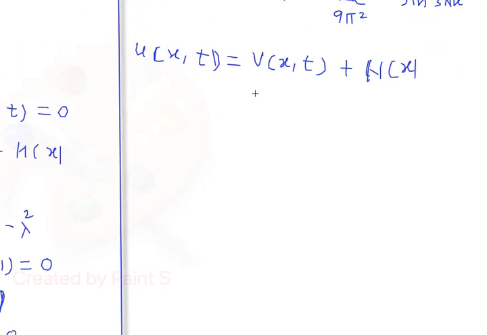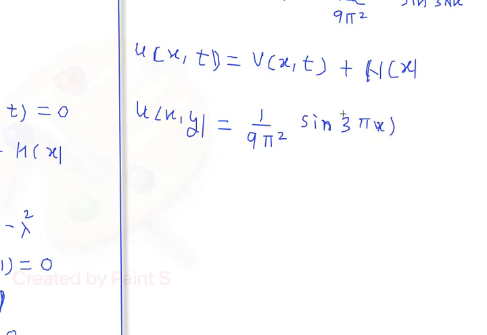So when we put this h(x), u(x,t) equals 1 over 9 pi squared sine 3 pi x. This is the time independent term, because of q, plus the rest of the terms.